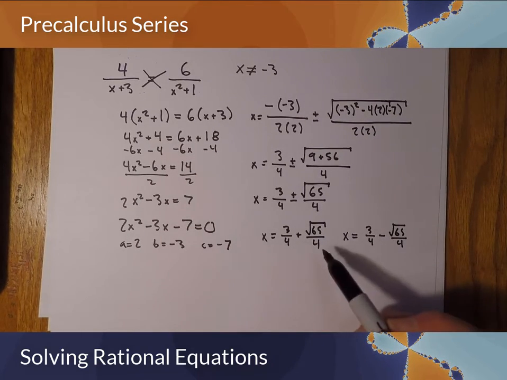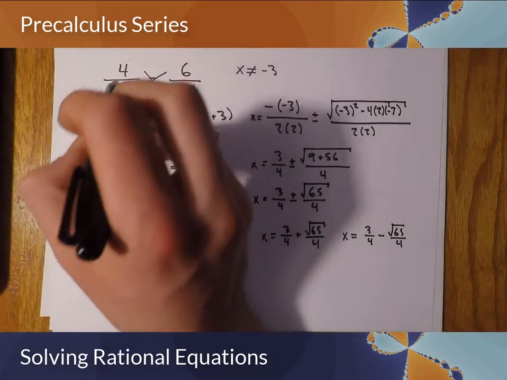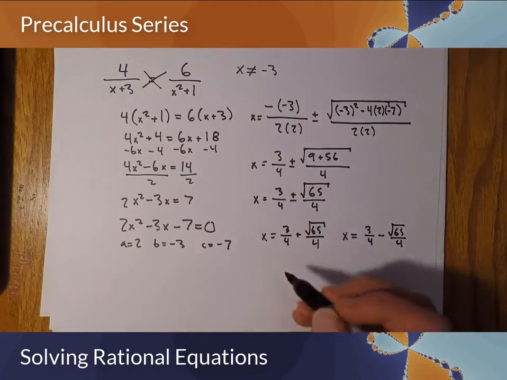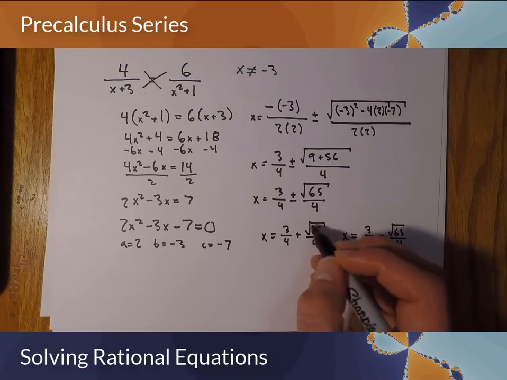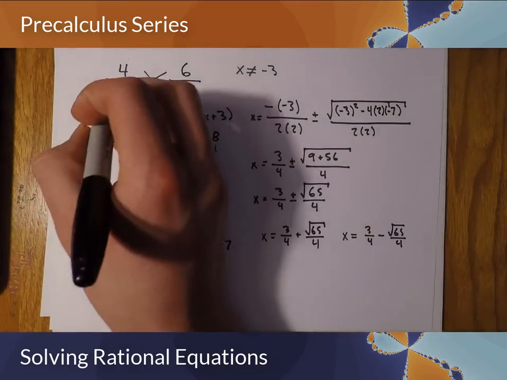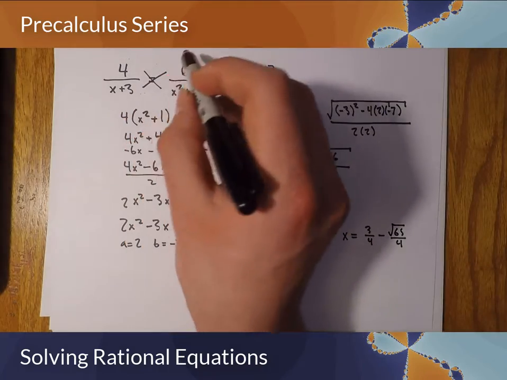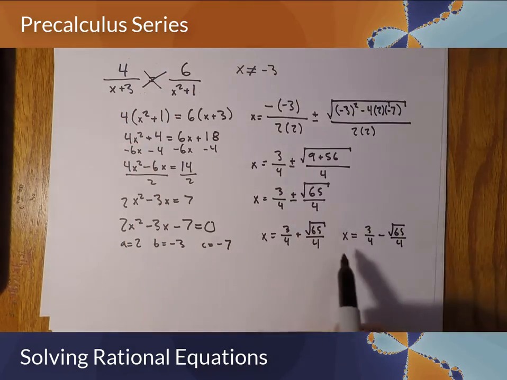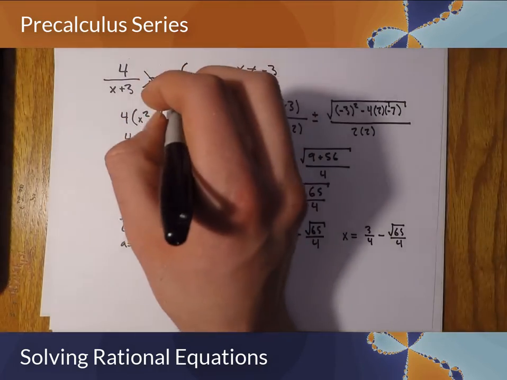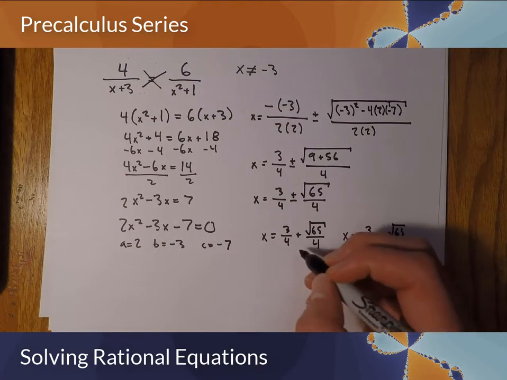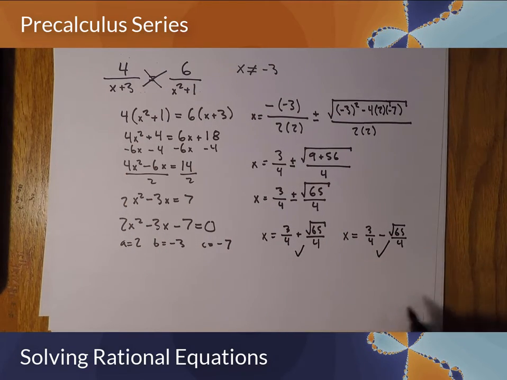And if you put these values into the calculator, so 3/4 plus the square root of 65 over 4 into here plus 3, and then check and see if the same x value works, if it equals the same thing as when you put it in over here for x, what you'll find is this solution works and this solution works.